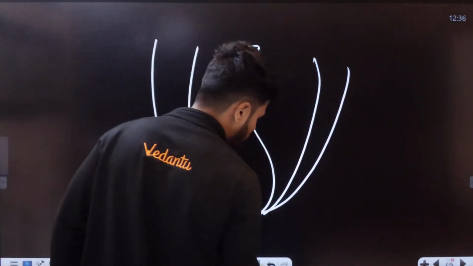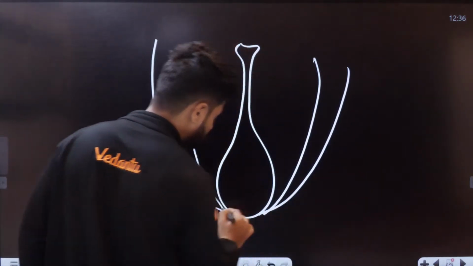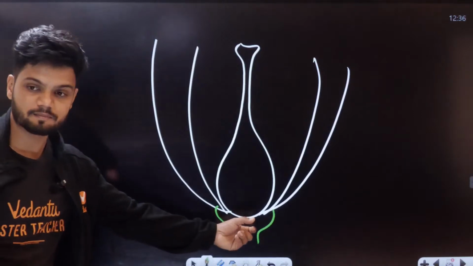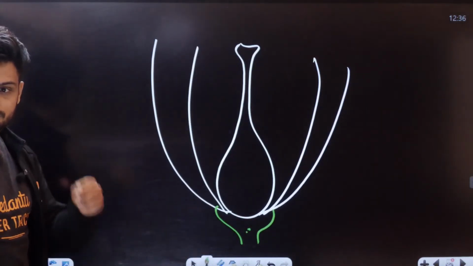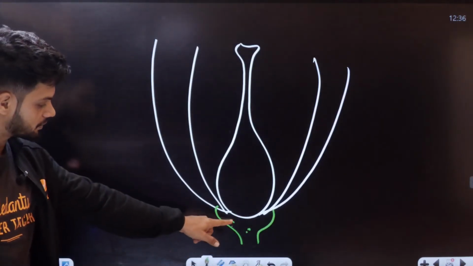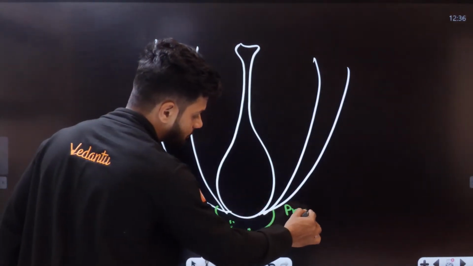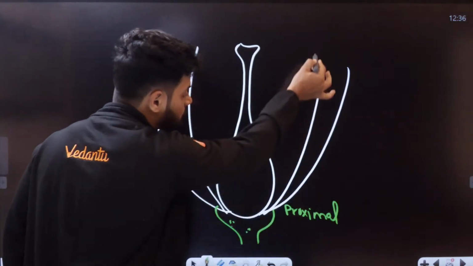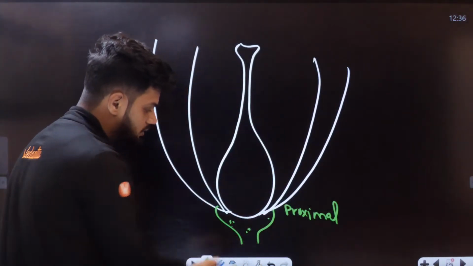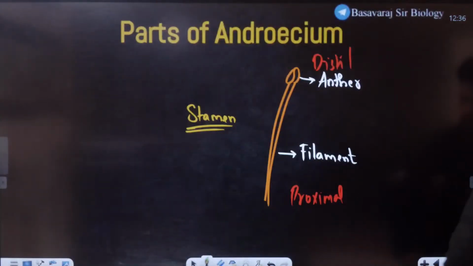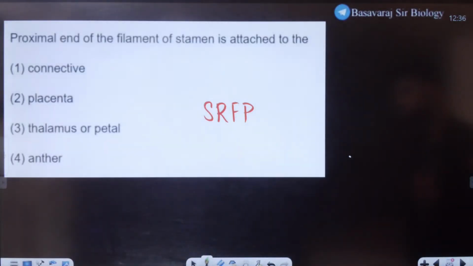Here at the bottom, students, we have a green colored structure. What is this structure called? Can anyone tell me? This is the proximal end. The proximal end of the stamen is attached to this region right here. Tell me the answer now.